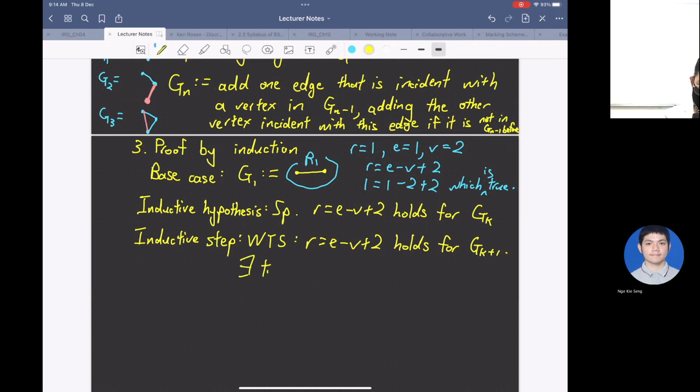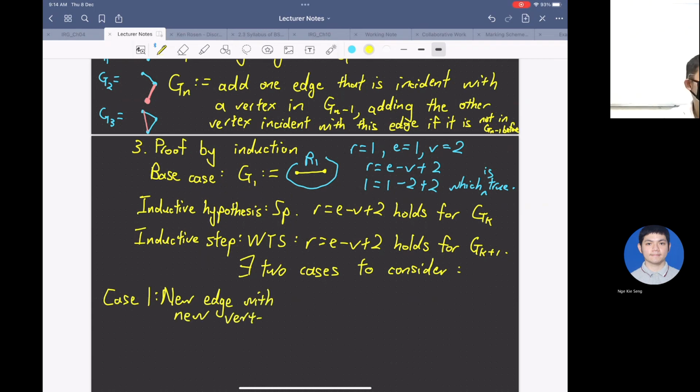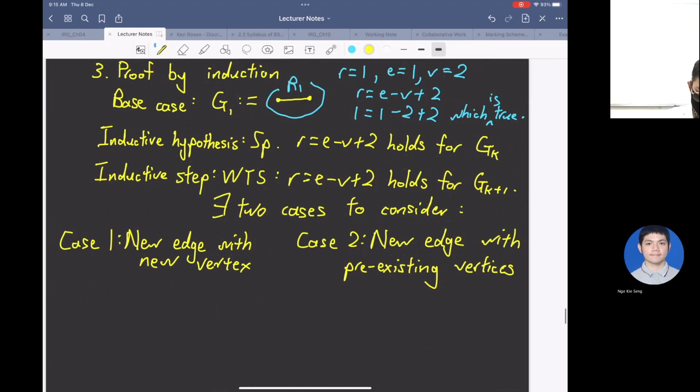Case 1, new edge with new vertex. Case 2, new edge with pre-existing vertices.